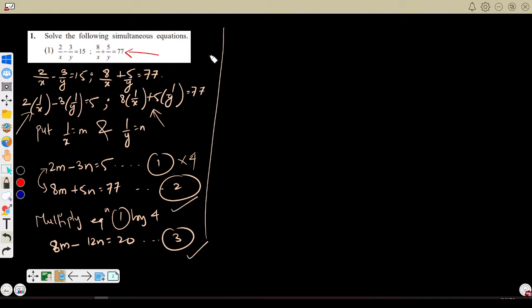So now 8m minus 12n is equal to 60. Wait, here it was 60. This was equation number 3, and equation number 2 will be copied as it is. 8m plus 5n is equal to 77. This was equation number 2.